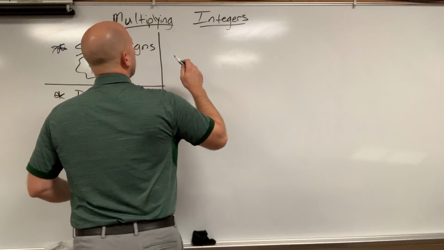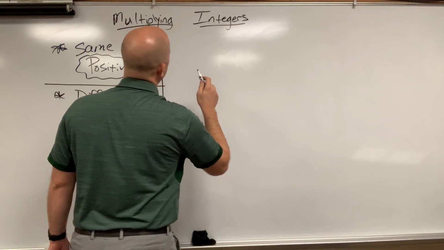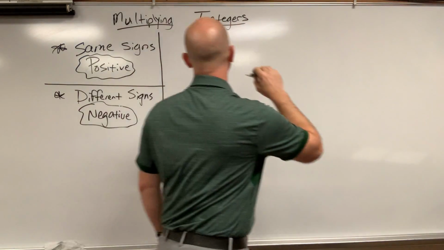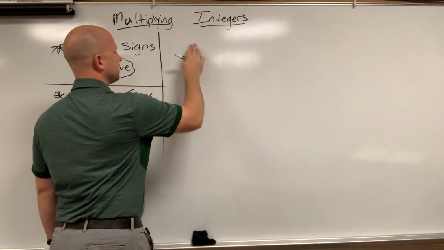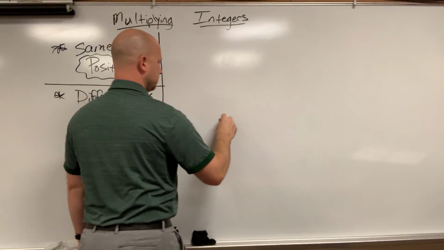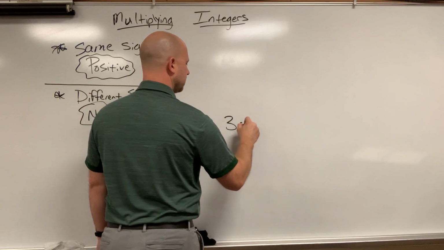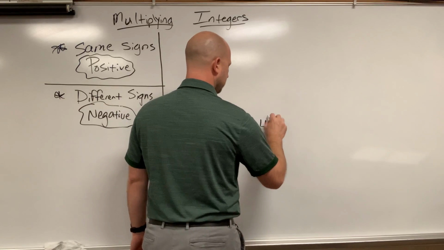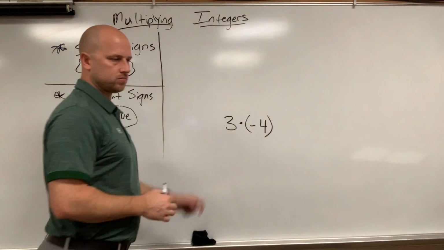Let's see what we have here. I'll write it different ways for you guys. Let's go 3 times -4. Let's start off with this one.